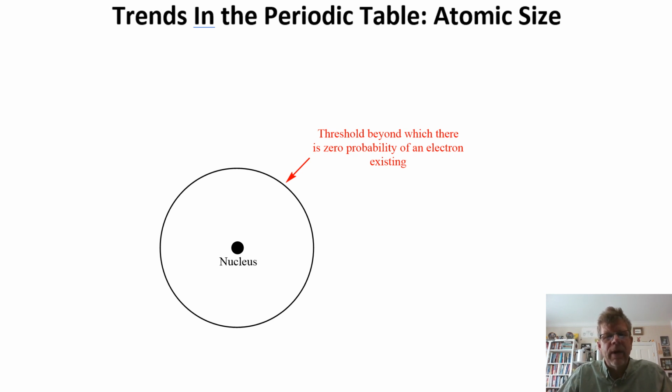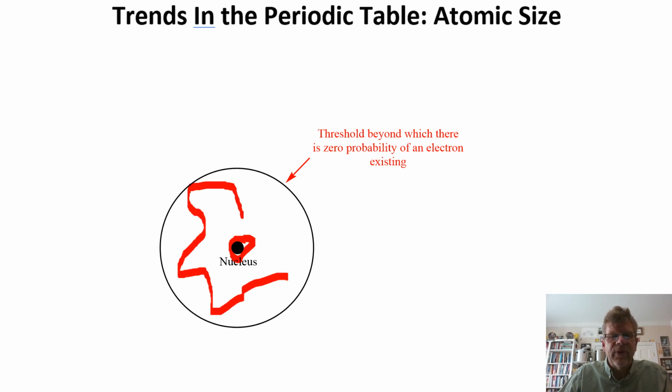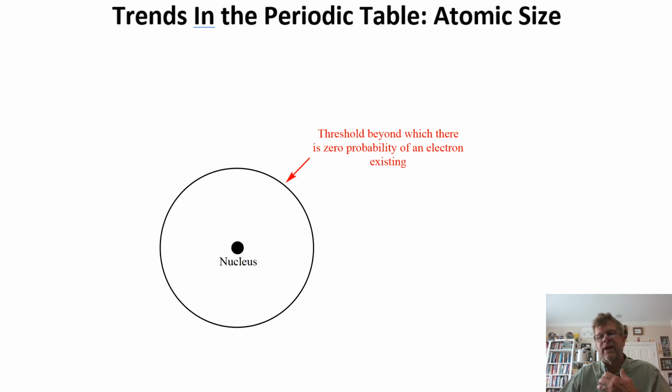Well, as we know, in an atom we have our nucleus of the atom. In a thin veil around that nucleus exists the atom's electrons, somewhere in a particular area. Anywhere within the circle we see here, we have a non-zero probability of finding an electron, specifically an electron that belongs to that atom.